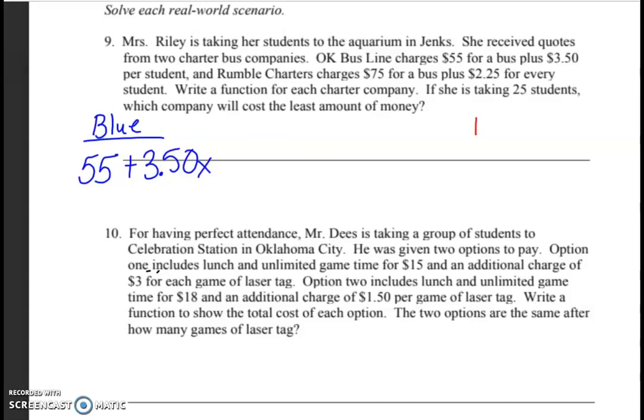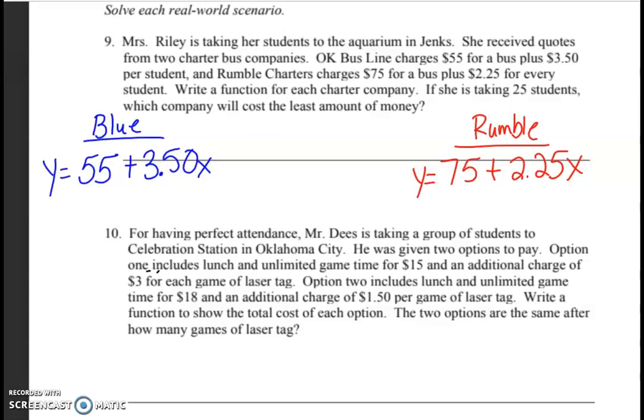The Rumble Bus Company charges $75 plus $2.25 for every student. Write a function for each charter company. Well, these are your functions. You just have to put y equals on each of them.